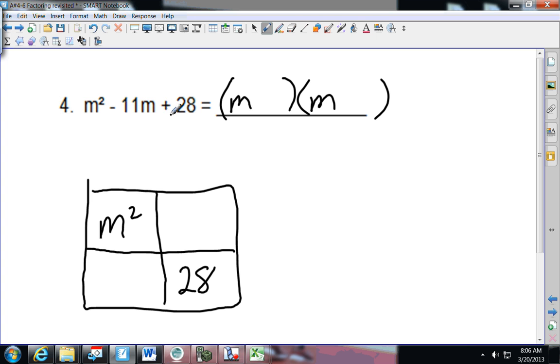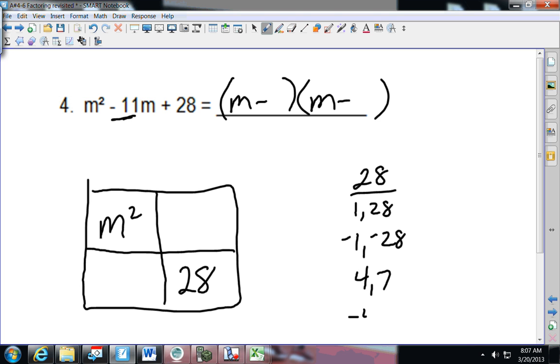You can look and see that since this is a positive and this middle term is a negative, both of these should be negative. So I need the factors of 28, because 1, the coefficient here, times 28 is 28. I need the factors that give me negative 11. Well, there's 1 and 28, negative 1 and negative 28, 4 times 7, negative 4 and negative 7.